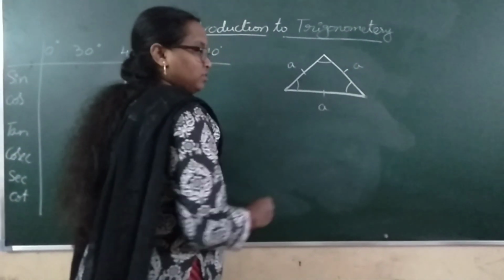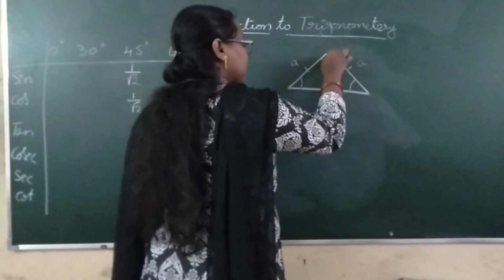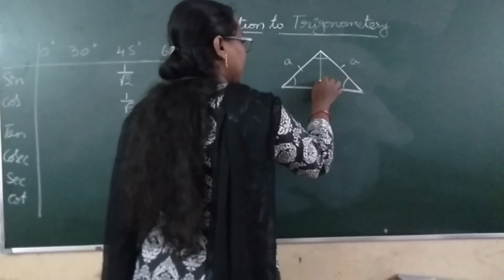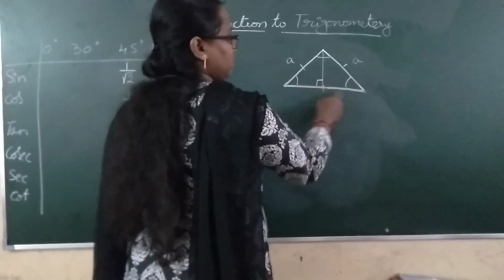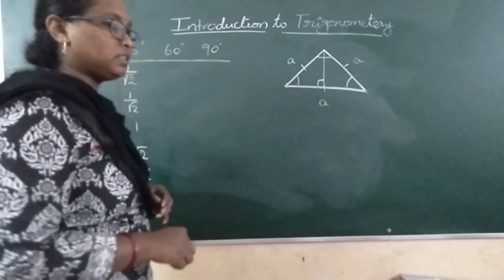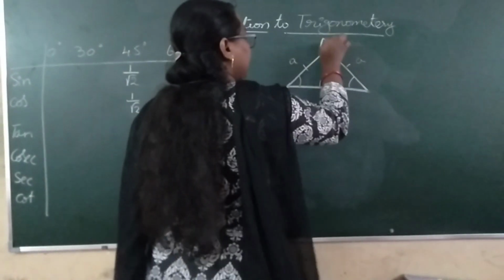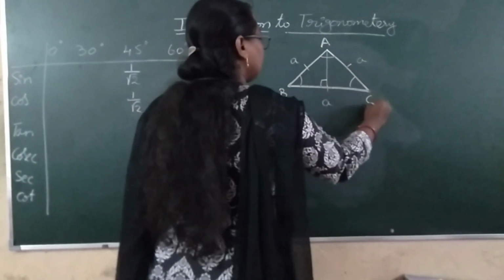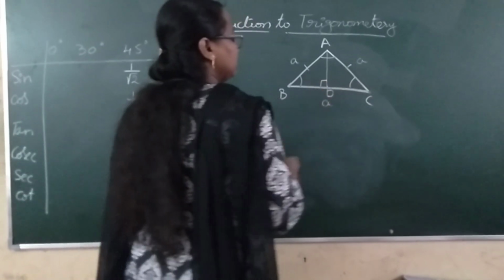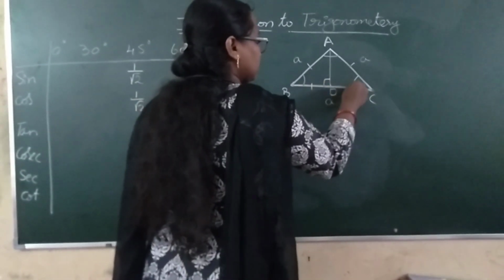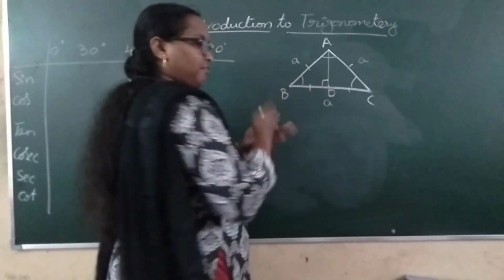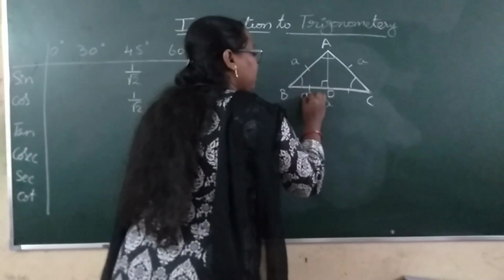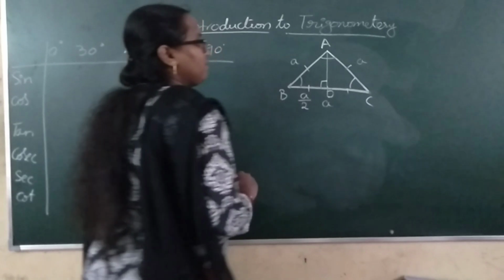Now what am I going to do? In an equilateral triangle, the perpendicular also bisects. Let me name it A, B, C, and this intersection is D, where it bisects. The total length is A units, BD is half of it, so A by 2.